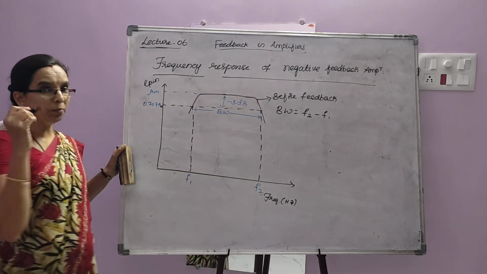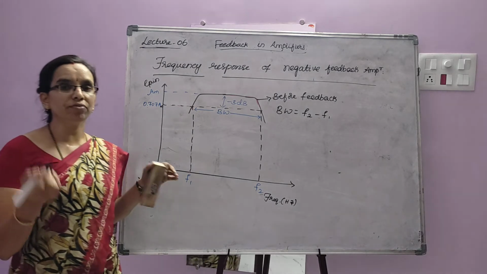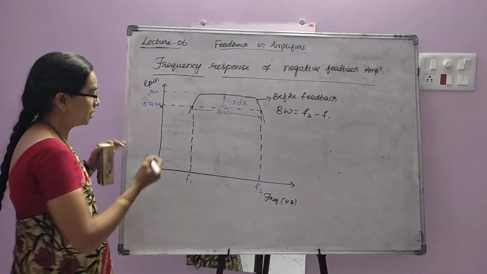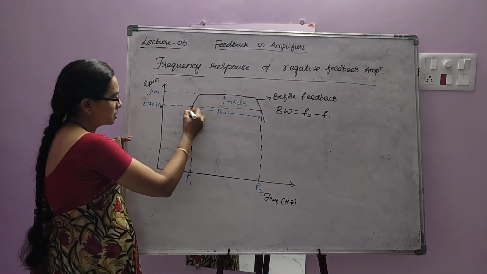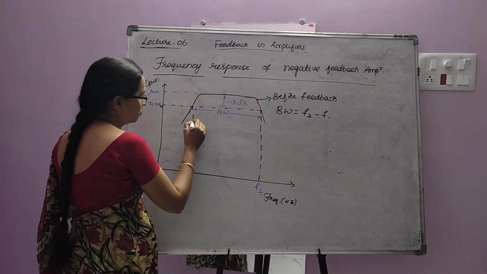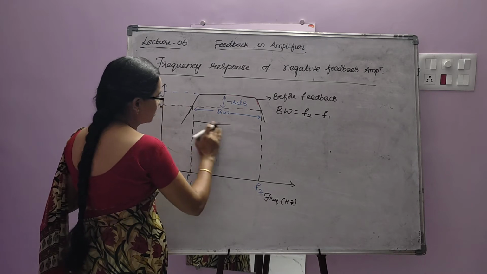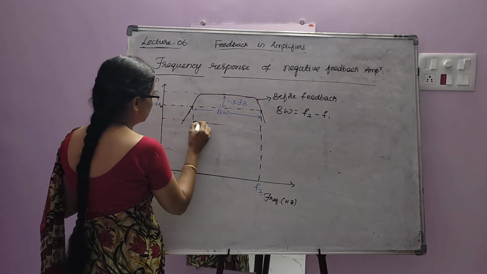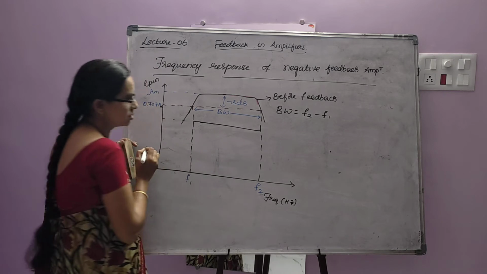After applying the negative feedback, what is the effect on gain? Gain decreases, right? If I take the gain here somewhere, my gain is reduced up to this.